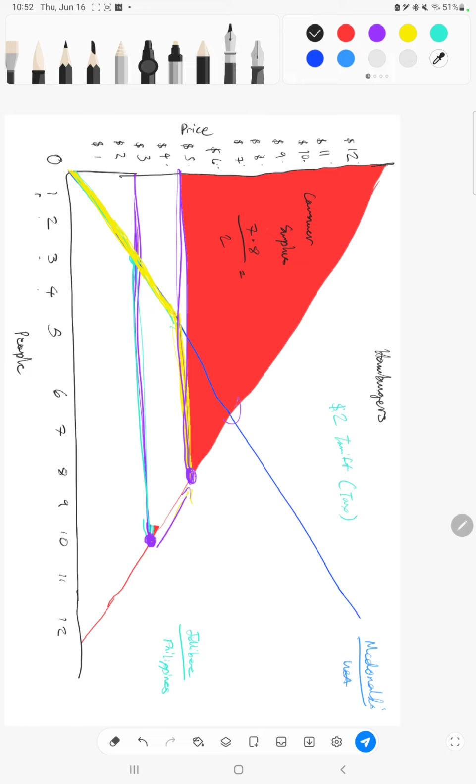So 7 times 8 is 56, and 56 divided by 2 is 28. So we have to remember that this used to be 90 units, but now it's shrunk down to 28 units. Why? Because we tax them. We say, we're going to charge you for selling in our country. And that's what happens.